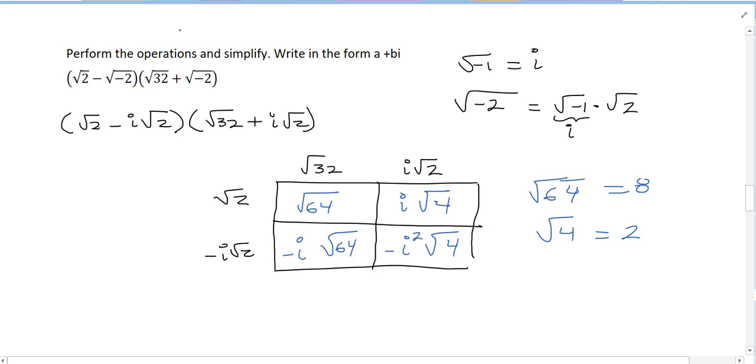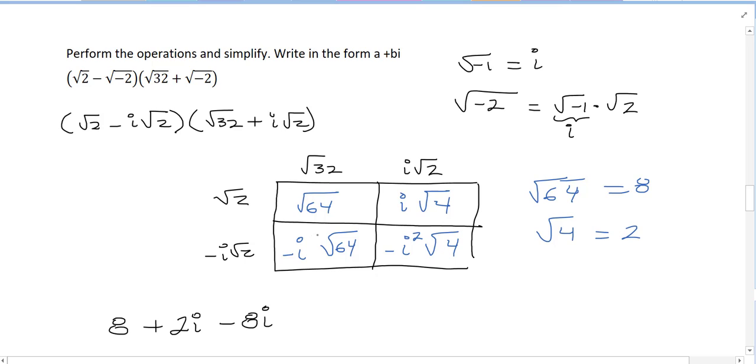So when we write this out, after this is multiplied, I'm going to have the square root of 64, which is 8, and then plus i times the square root of 4, so plus 2i, and then minus i times the square root of 64, so minus 8i. Once you're taking the square root of something and it becomes a whole number, then we can write that number on the front.